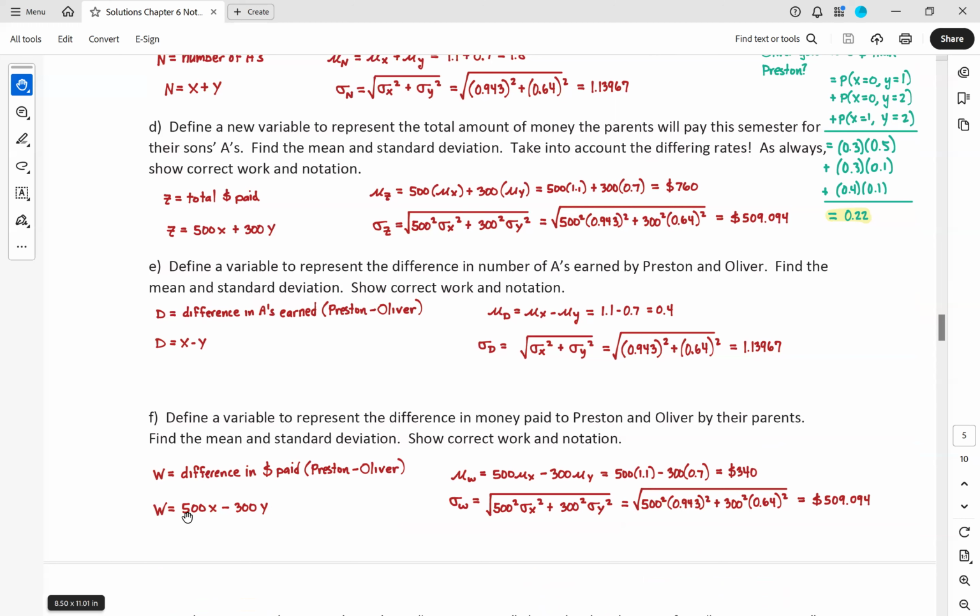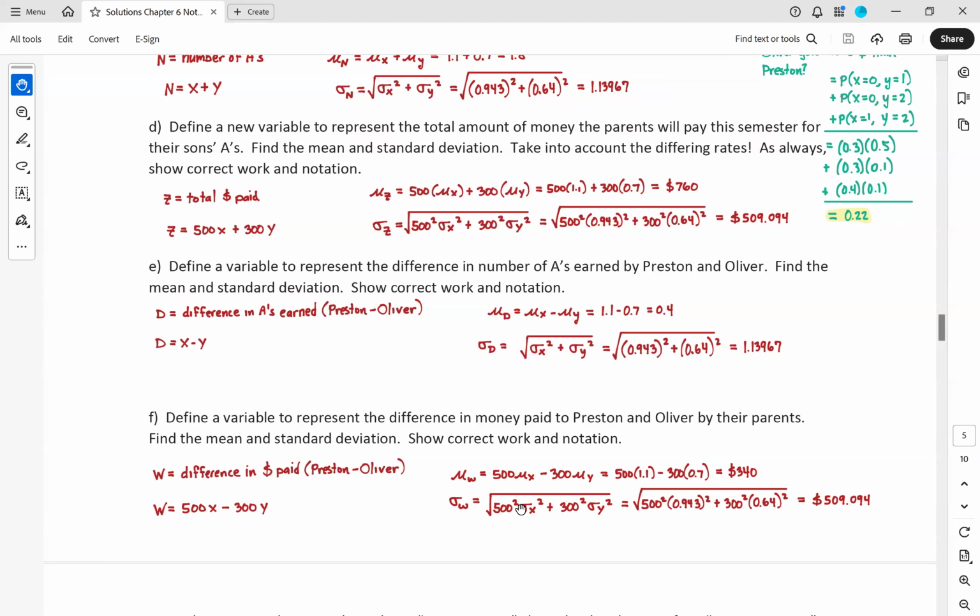Okay, so if we call this difference W, we would say it's equal to 500 times X minus 300 times Y, which again, the mean is straightforward. I can take 500 times the original X mean minus 300 times original Y mean and get a monetary difference, a mean difference. But the standard deviation has all the tricks and bells and whistles that we've seen throughout this page.